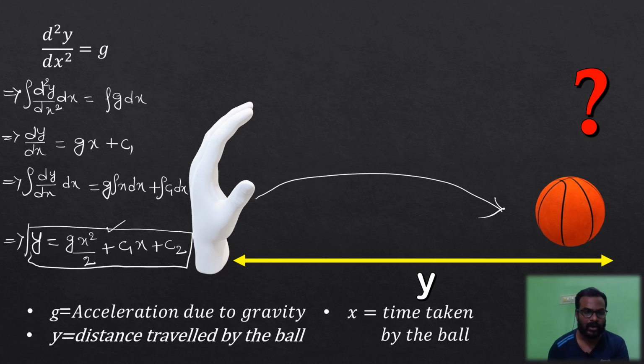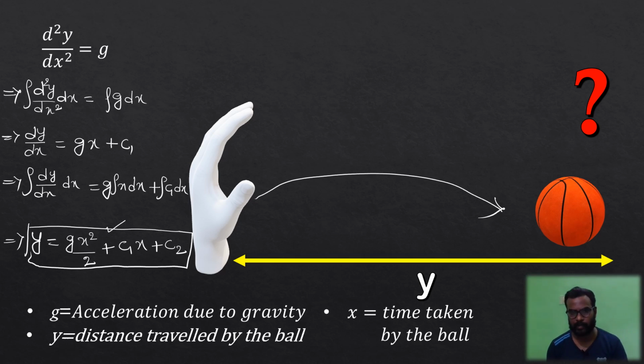Now, how to find the distance? That is the main theme of this lecture. Usually a differential equation gives solutions in such a way that you can find the value at a particular spot.